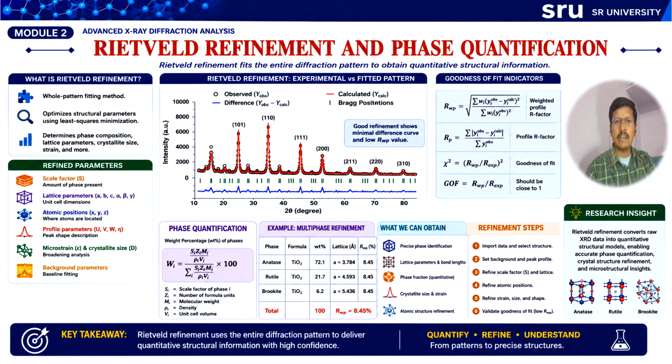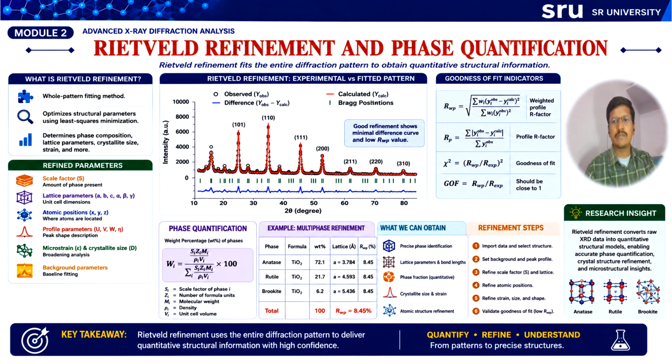That is very important. After that, the refinement quality is evaluated using goodness of fit indicators such as Rwp, which we call the weighted profile R factor. Then the chi-square value.